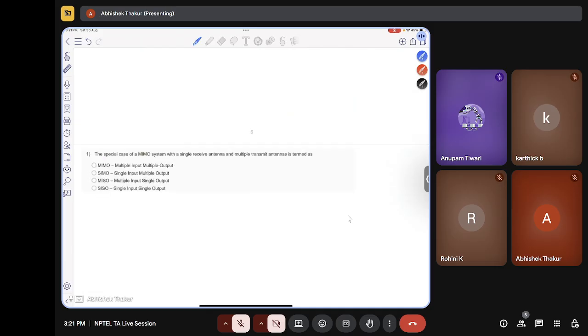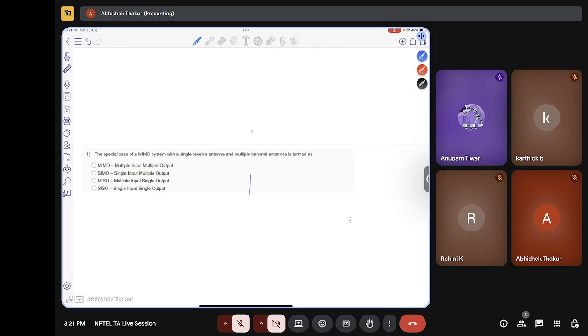Now coming, most of the questions in today's lecture are based on the MIMO system. So basically MIMO stands for multiple input and multiple output system. First we'll see a little of the basics of the MIMO system.